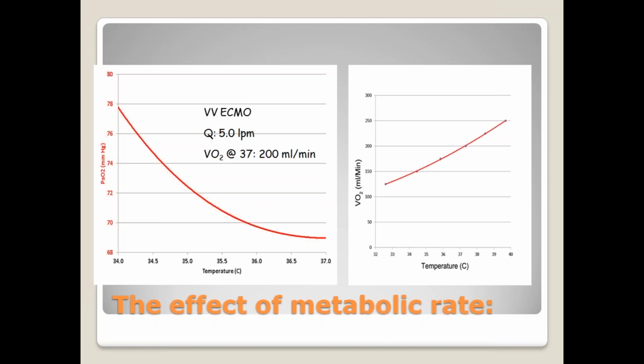Another thing is decreasing the utilization of oxygen. So what you do? You can cool the patient. If you cool the patient, the PO2 level goes up. Oxygen consumption increases as the temperature increases. If the temperature is low, 34, the consumption is low. So when the consumption is low, definitely the PO2 level will increase.